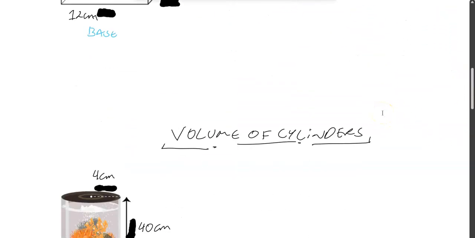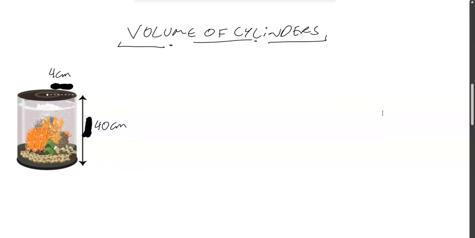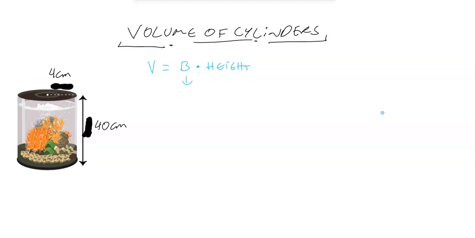All right, next we're going to find volume of cylinders. The volume of cylinders follows the same process. It's basically multiplying the base and only by the height. Okay, so when we talk about the base of a cylinder, we're talking about something circular. You can see it down here, or you can see it up here.